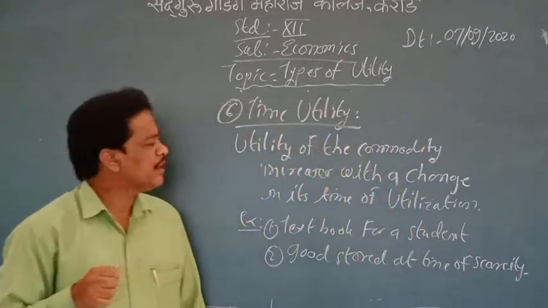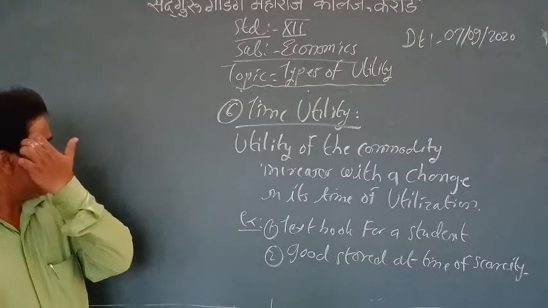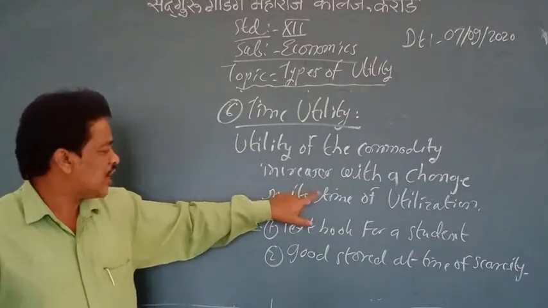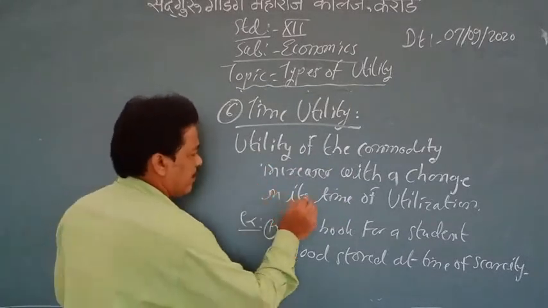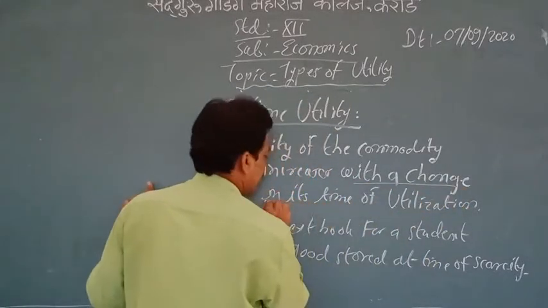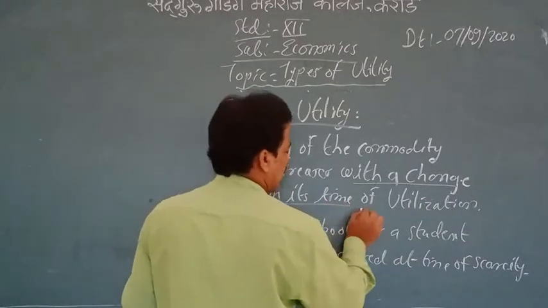See, the last point is time utility. Utility of the commodity increases with a change in its time of utilization. See, these words are very important: with a change in its time of utilization.